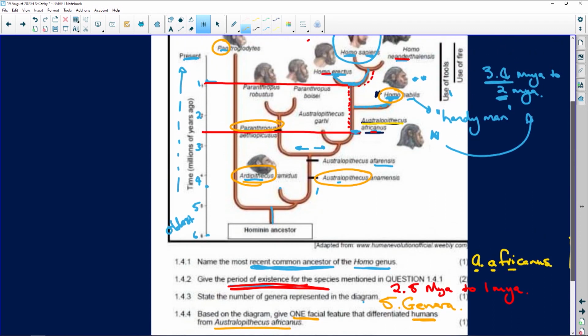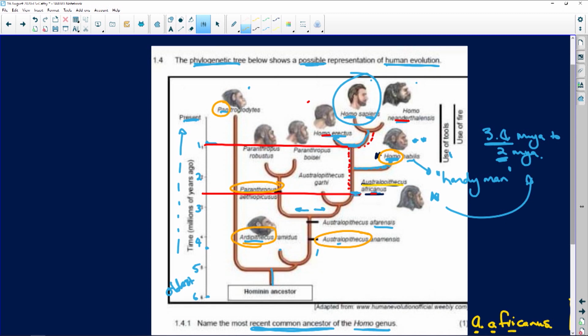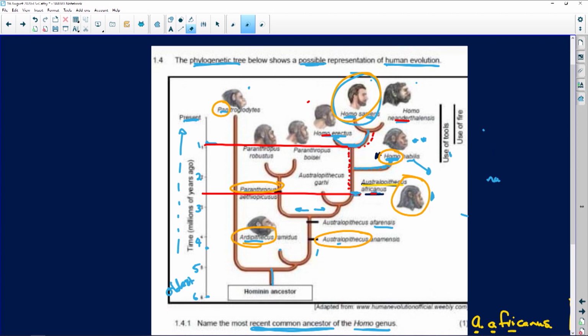So let's go back to our Australopithecus africanus. So we're looking at humans and we're looking at this little guy here. So what can you see? All right, I'm going to write it. Okay, first of all, look at the human's flat face. I want to write it here on the side. So let's take all of this away.